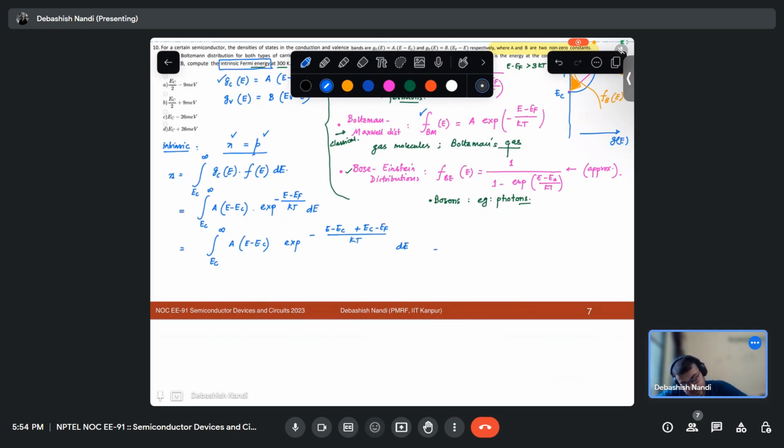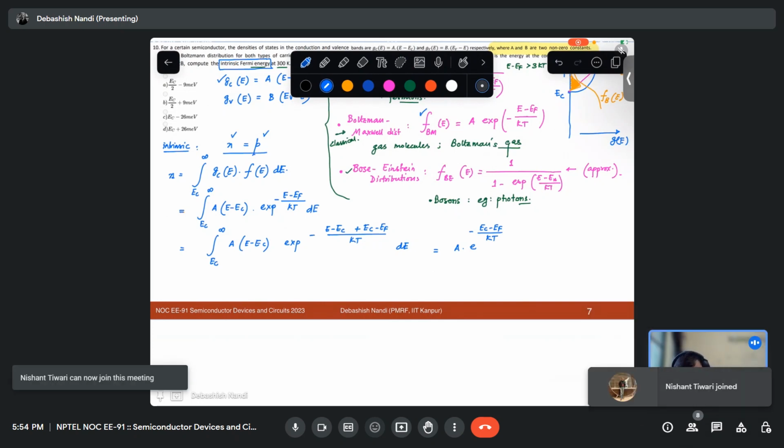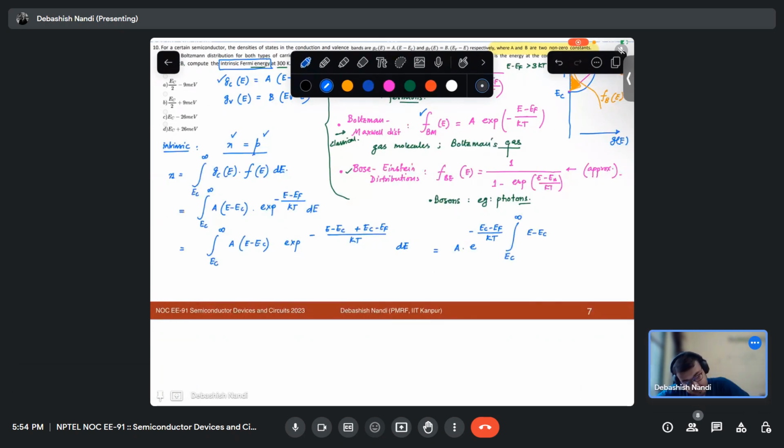So these are my constant terms, EC minus EF over KT, and your integration is E minus EC, A to the power minus E minus EC over KT, into dE. Let E minus EC over KT equal x. So dE would be KT into dx. This is nothing but a change of variable.